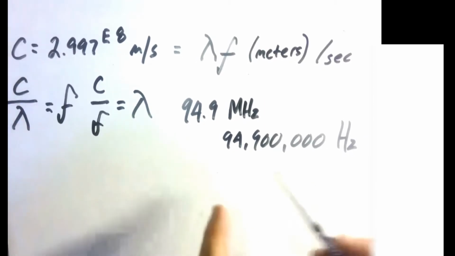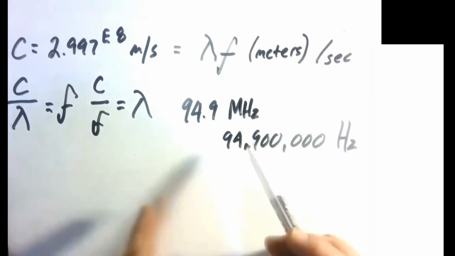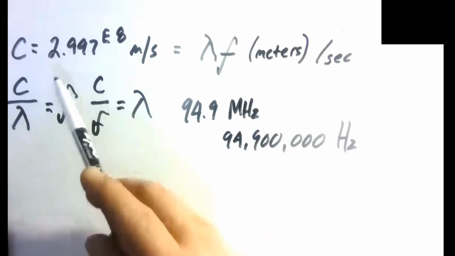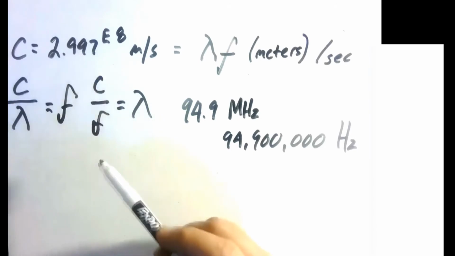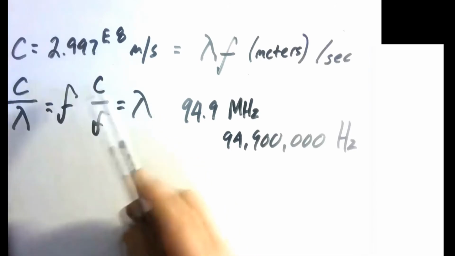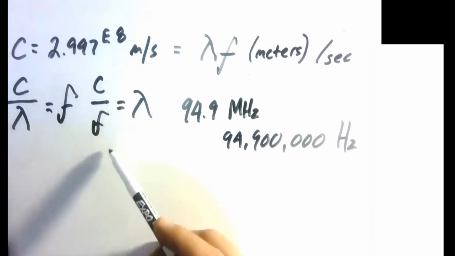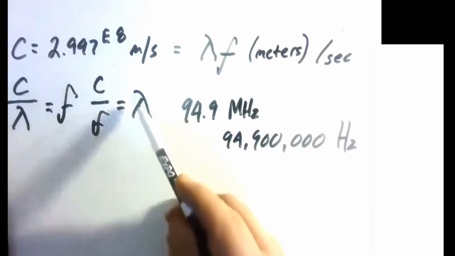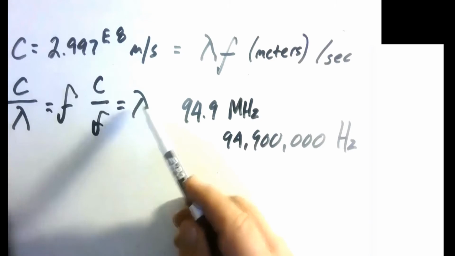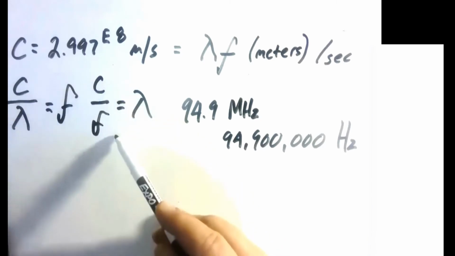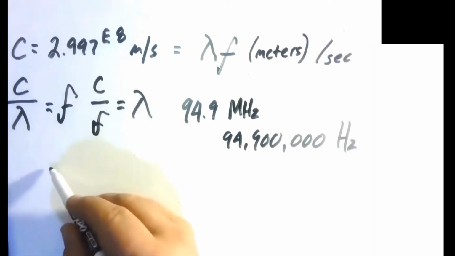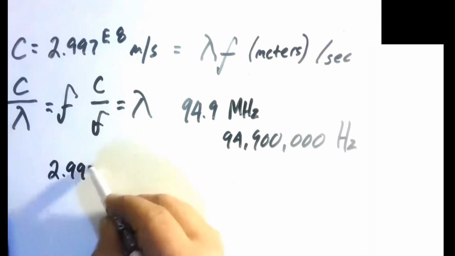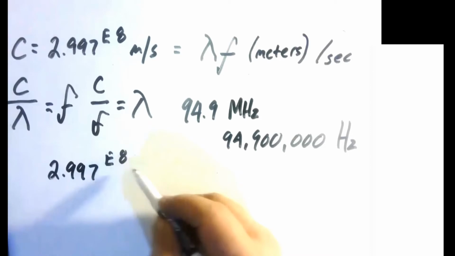Okay, so if this is the frequency of the wave, and if radio waves are just light waves that travel at the speed of light, then the speed of light divided by this frequency should tell us how long this wave is. So we're going to put this very large number in our calculator, 2.997 E8 meters per second.